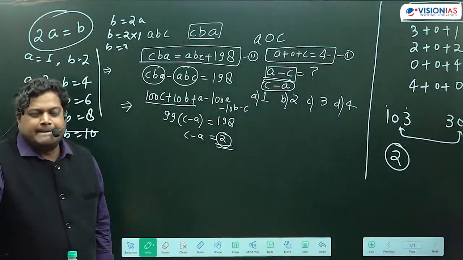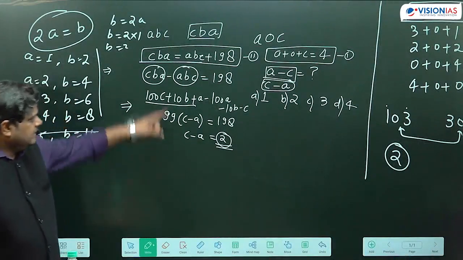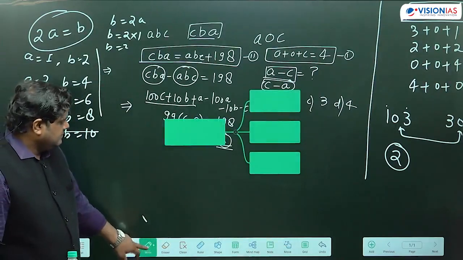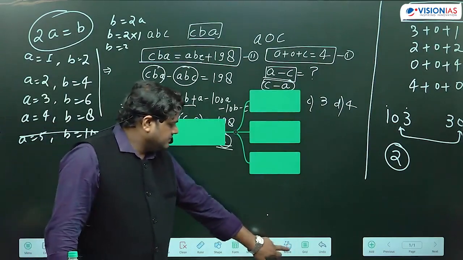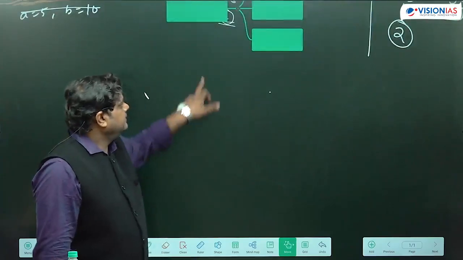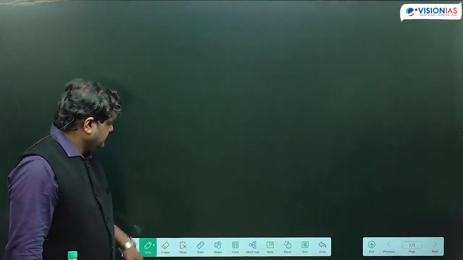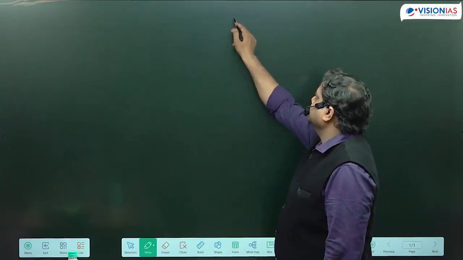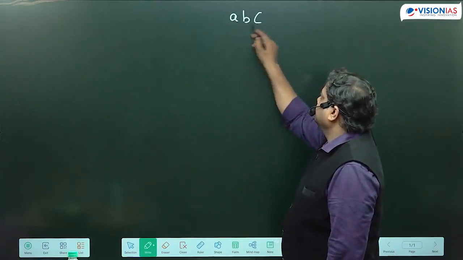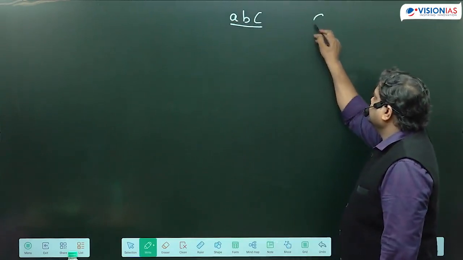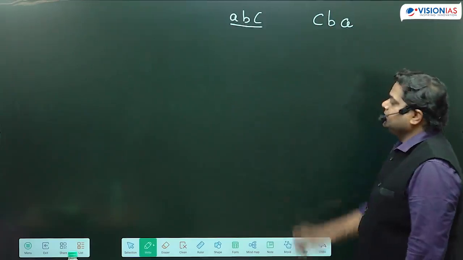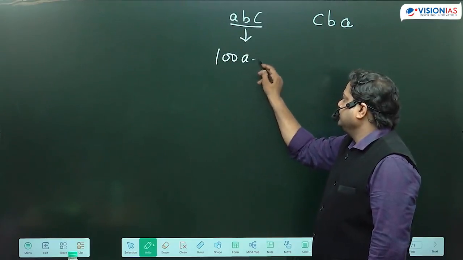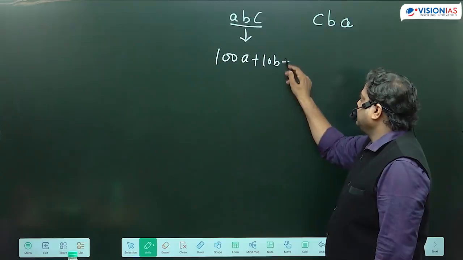Okay, so we can discuss this question once more. What was the question? The last one. We have a 3-digit number. We are reversing the digits. We can calculate the place values: 100a plus 10b plus c.